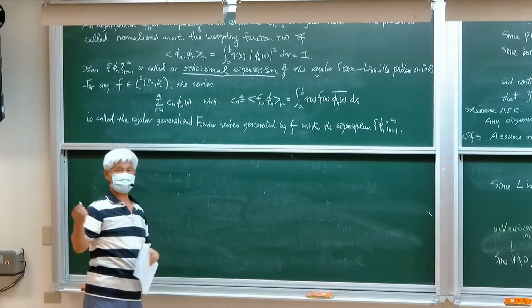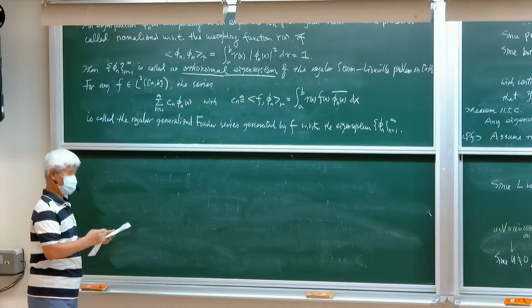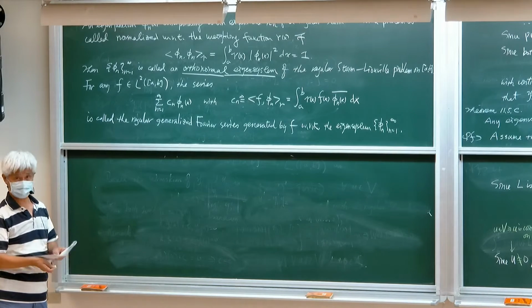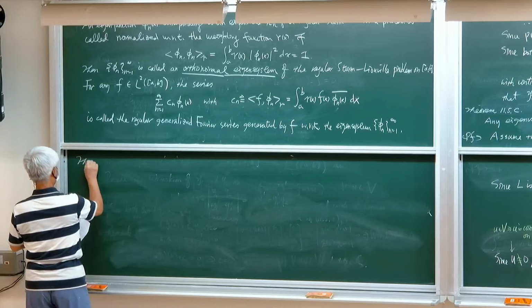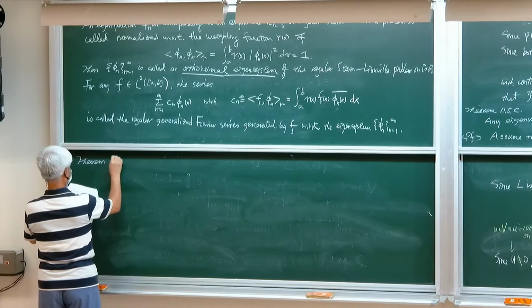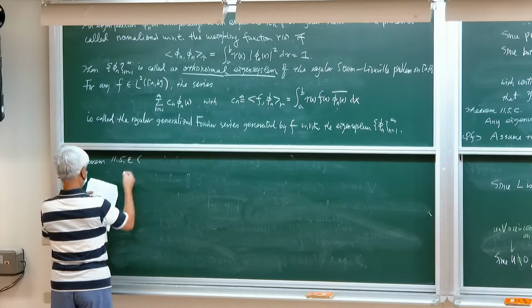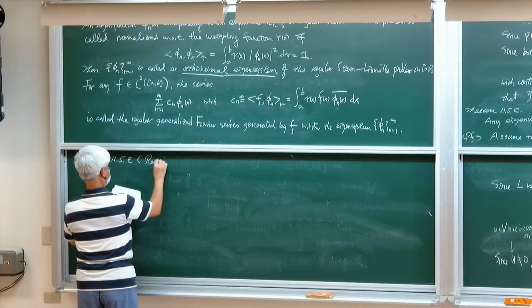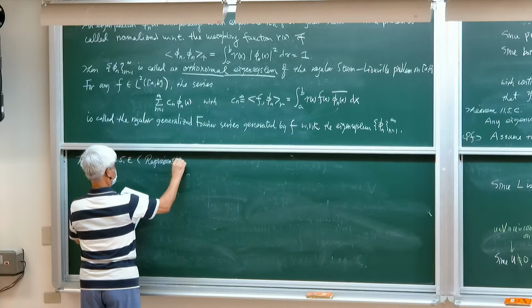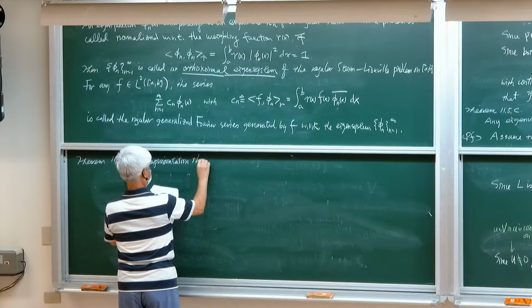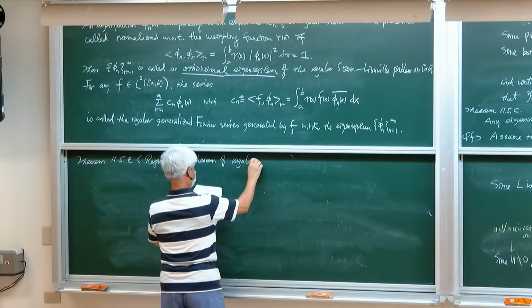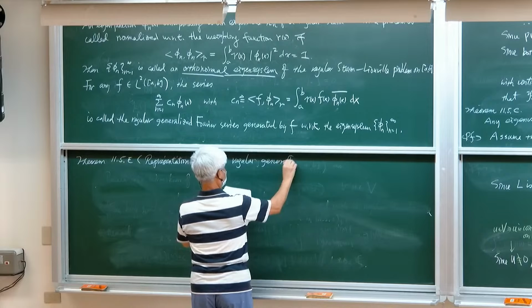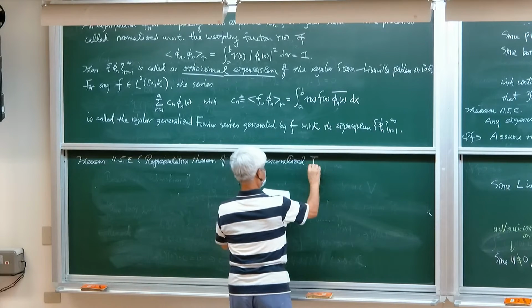Now once we have a series expansion, we have the convergence and representation problem again, as we considered before. So finally, we have a theorem, the representation theorem of regular generalized Fourier series.